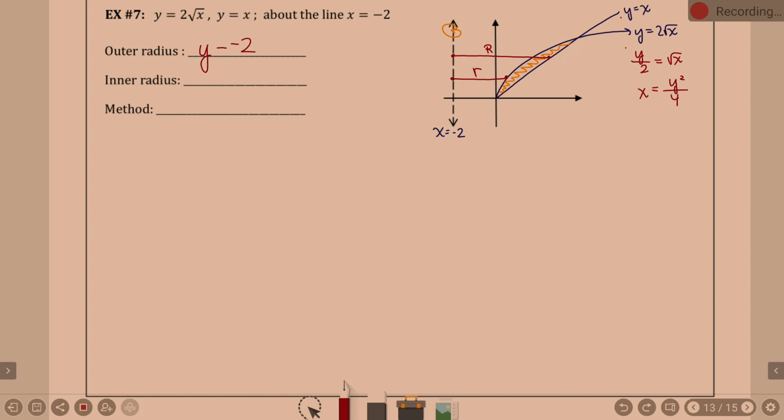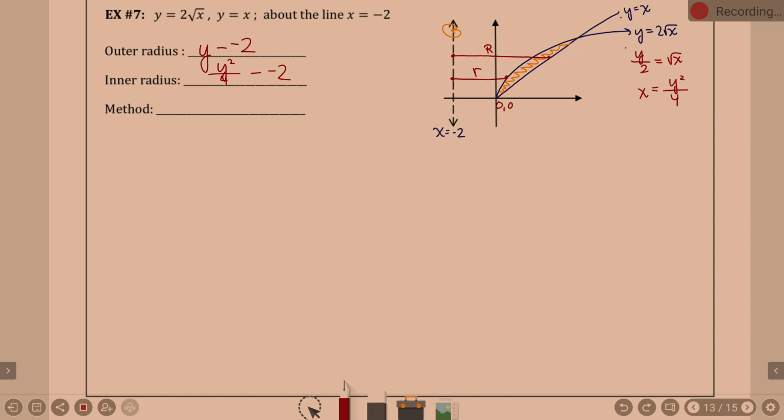So when we subtract these, y squared over 4 minus negative 2. We need our bounds. Zero is going to be one of them.